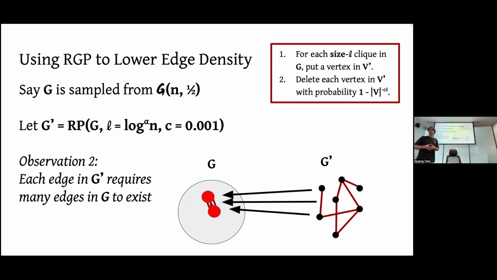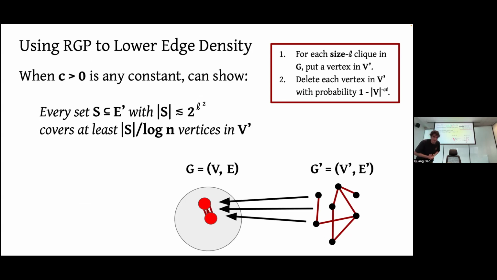And the second observation is that because most of these original cliques in G are spread out from each other, every edge in G prime requires a lot of edges all simultaneously existing in G. They have to connect one L-clique to another L-clique.